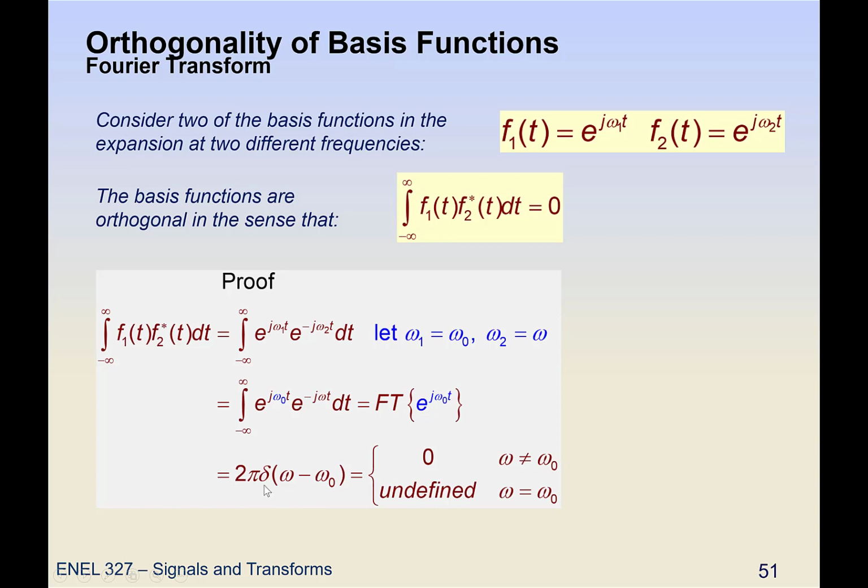And we already know that that is just an impulse function at omega naught. What do we know about that? Well, it is 0 everywhere except when omega equals omega naught. So as long as these two frequencies are different, then I'm going to get 0 when I do the integration. And therefore, those basis functions are orthogonal.